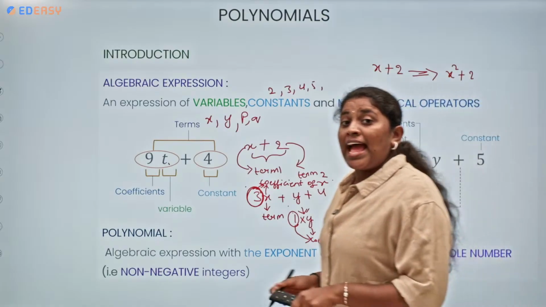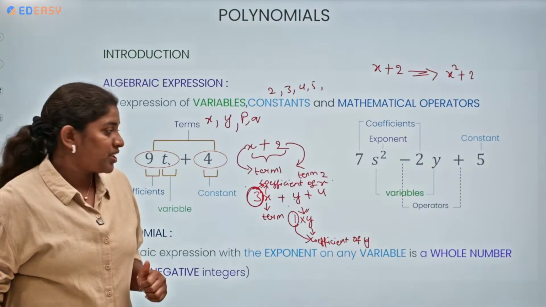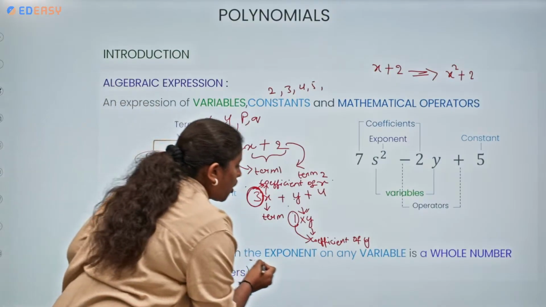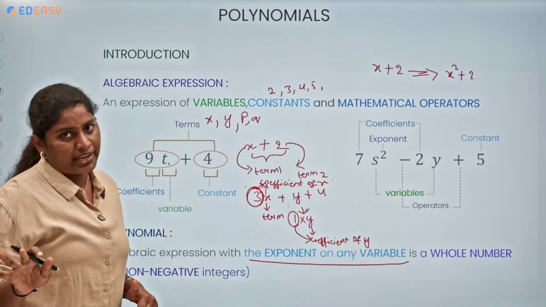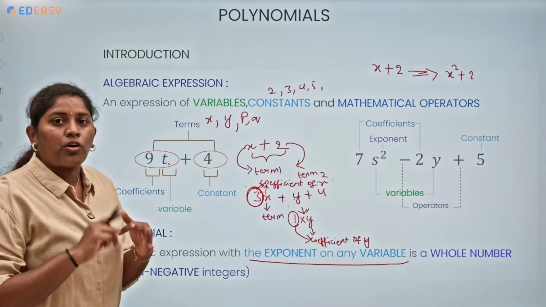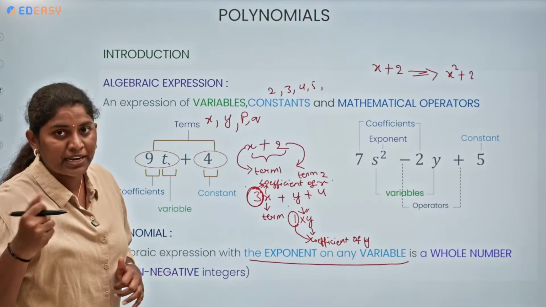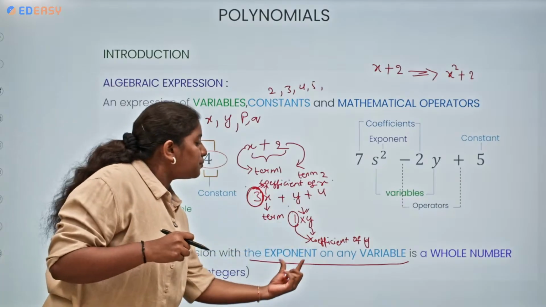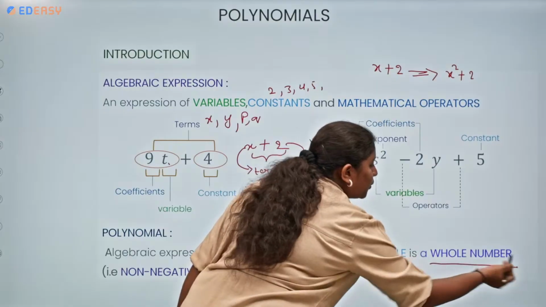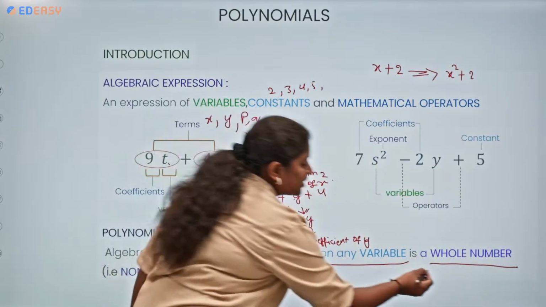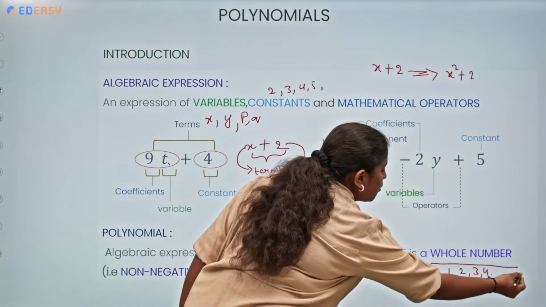Why? Because an algebraic expression will become a polynomial if the exponent on a variable, any variable you can take, either x, y or p or q, is a whole number, which means it starts from 0, 1, 2, 3, 4 and so on.